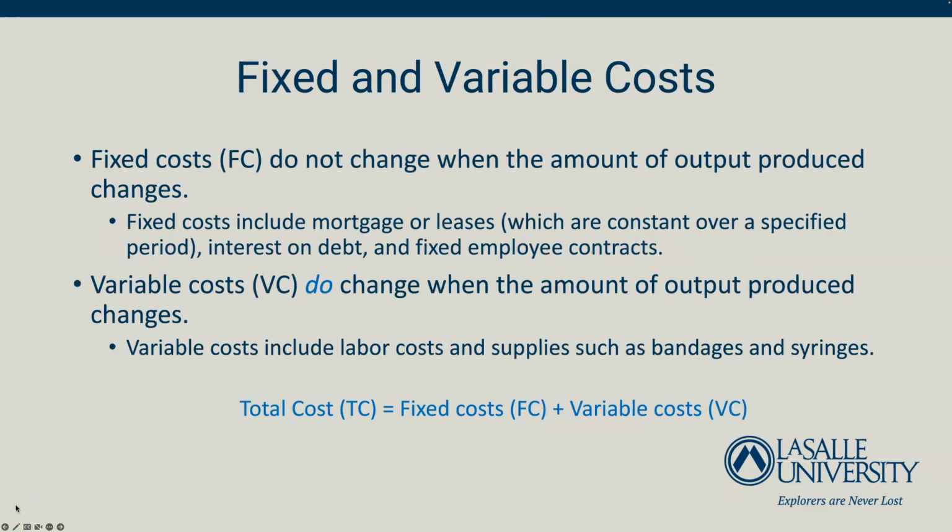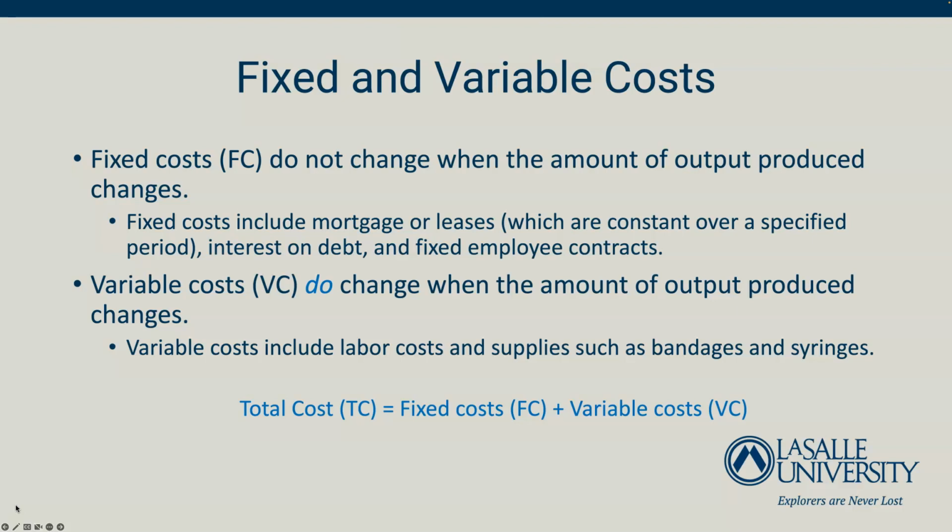When thinking about the cost structure facing a clinic, for instance, fixed costs are not changing when the amount of output produced is changing. And these fixed costs may include mortgages or leases, which are constant and essentially fixed. Interest on debt and fixed employee contracts, say from managers and chief executive officers, would also be a fixed cost.